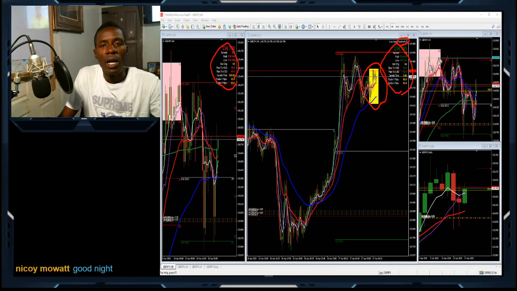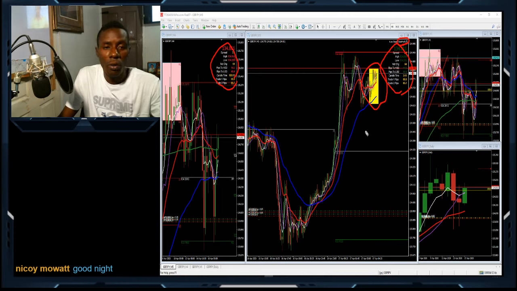This is the H1, and this is the daily. My main purpose of having this layout is to know what the 4-hour people, the daily time frame traders, and the hourly time frame traders are doing, and also the scalpers on the 5-minute charts. I'm here with them also. So I want a bigger picture, as in multi-time frame analysis.